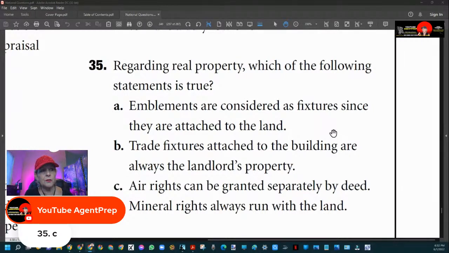For these, you want to learn things. What are emblements? What are trade fixtures? What are air rights, mineral rights? Those are all vocabulary. This is why I stress vocabulary so much. Although I notice that the majority of those who go to the YouTube channel study questions.